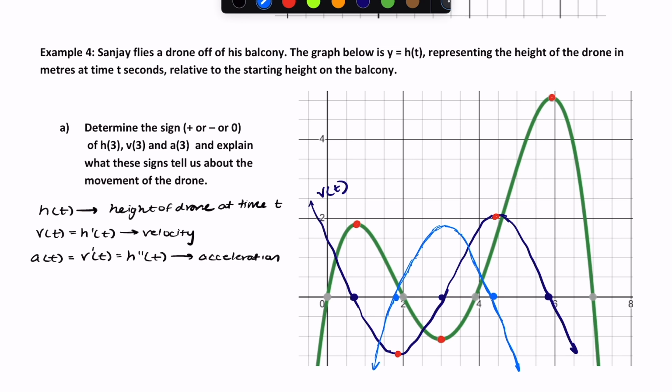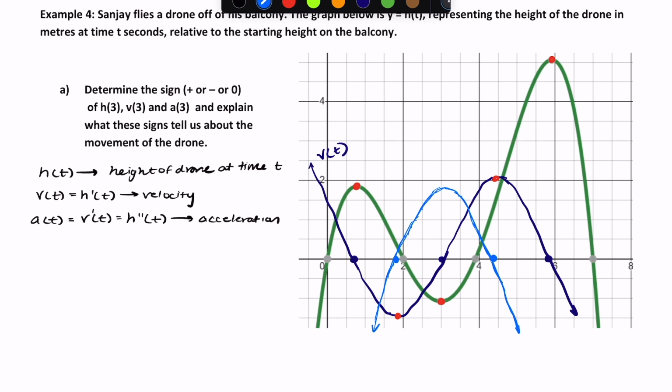So here, if we look at that, we kind of worked backwards and we did the graph first. But here, again, we see that at h of 3, that's the original graph.